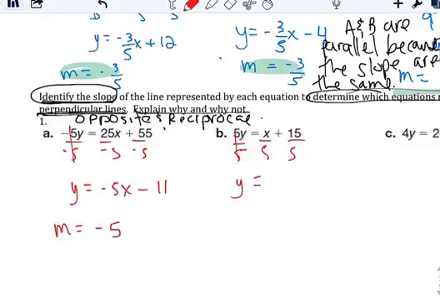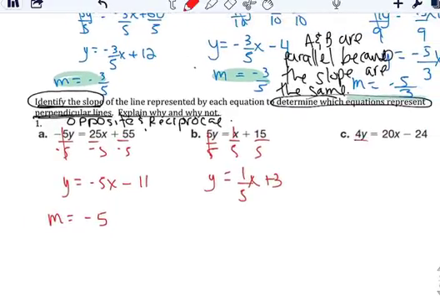Y equals 1 over 5x, invisible 1 there, plus 3. Okay, divide by 4 here. Divide by 4 there. Y equals 5x minus 6. Now, this is 1/5, and this slope is 5.